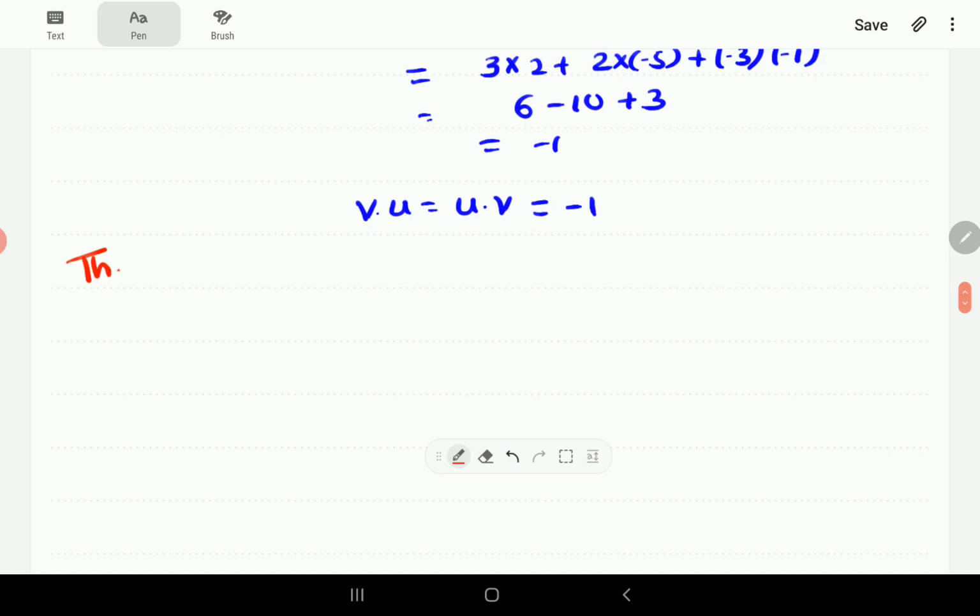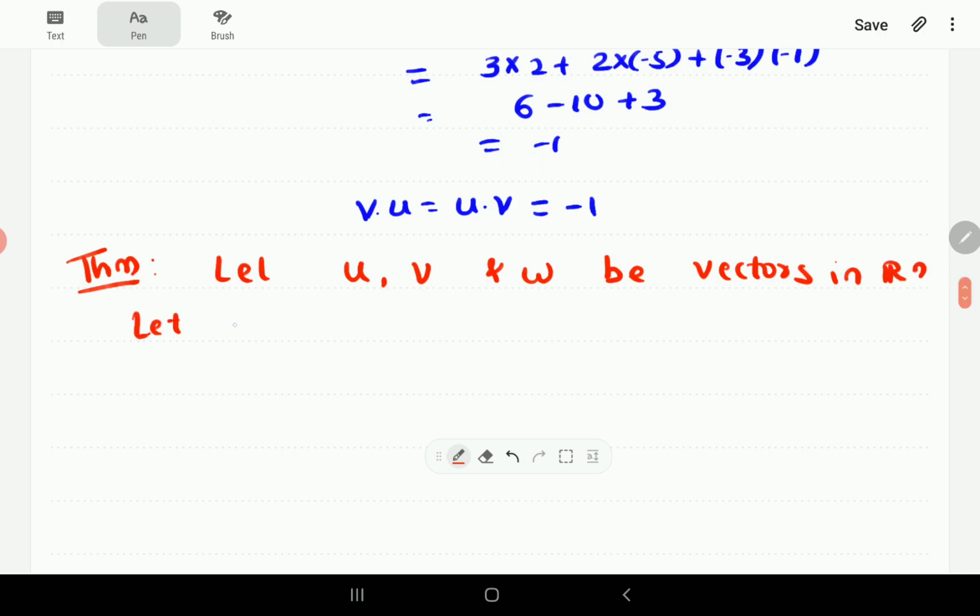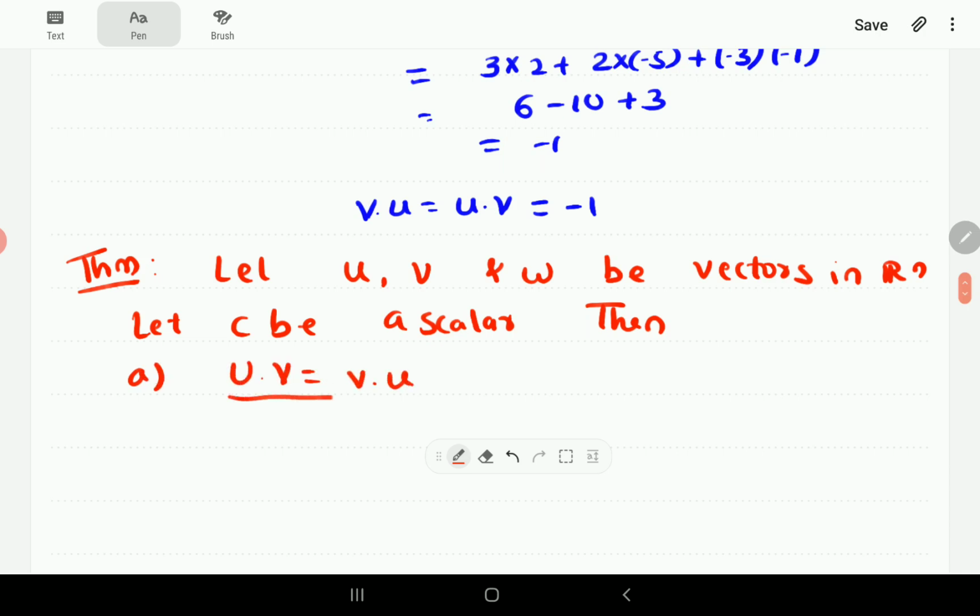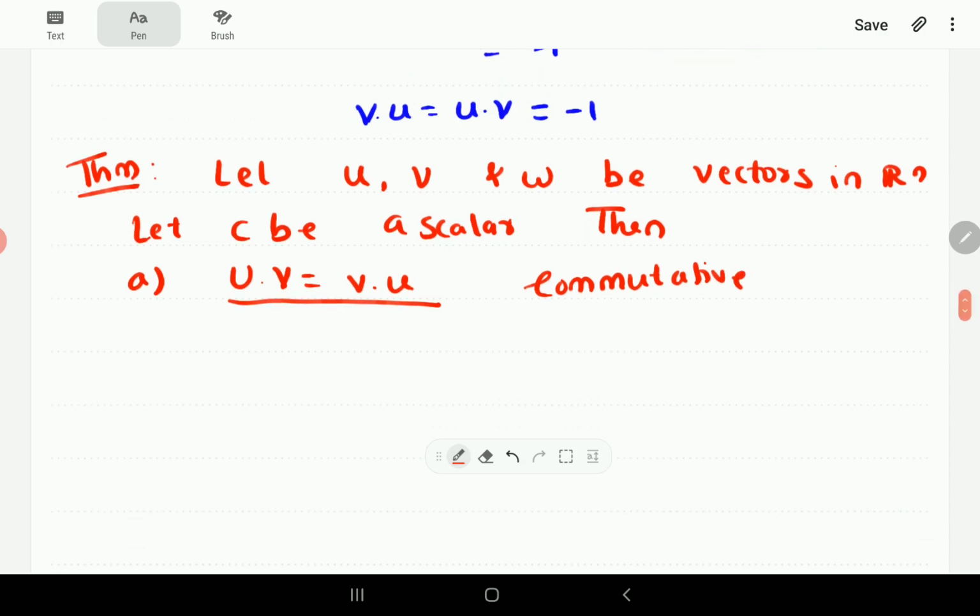In terms of a theorem, let u, v and w be vectors in Rn, and let c be a scalar. Then we have u dot v is equal to v dot u. That implies the inner product is commutative. We also saw the example above.